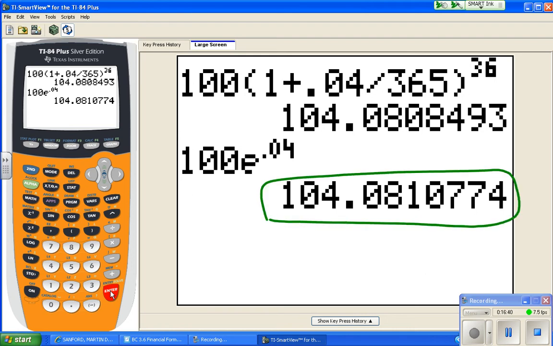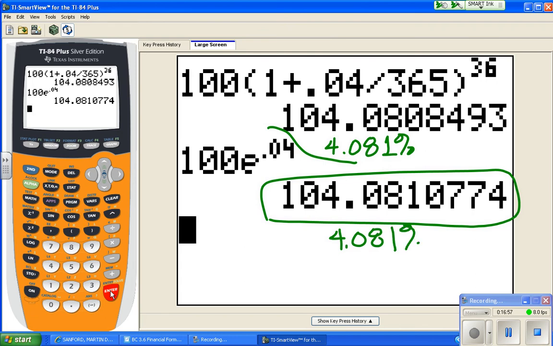Remember, the top one had an annual percentage yield of 4.0808 technically. I rounded to that. This one is 4.0810 something even before I round. So this is ever so slightly better, and it's probably negligible.